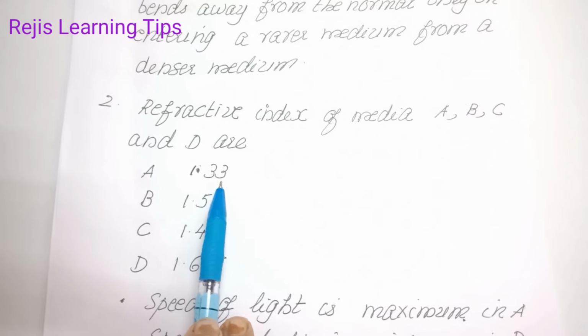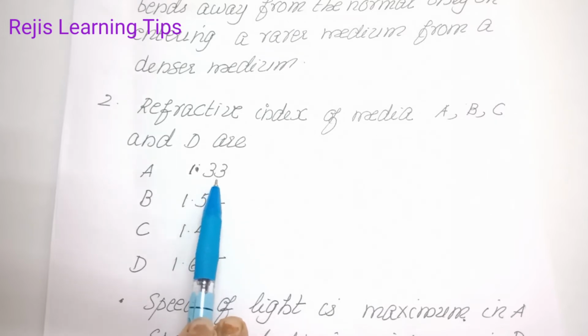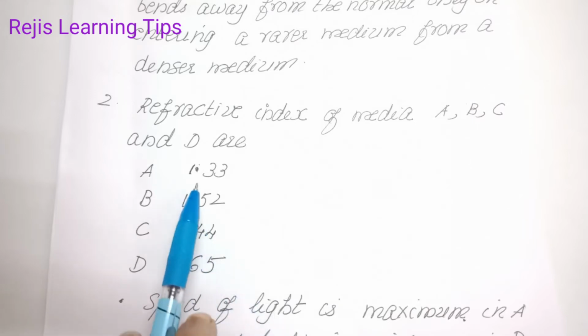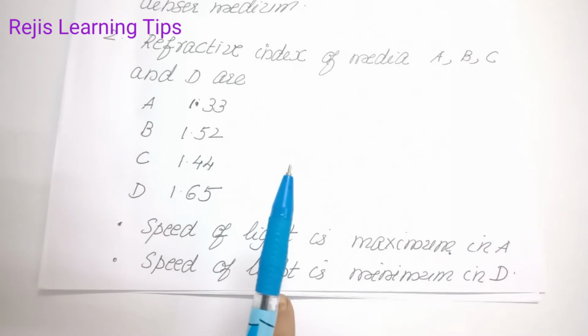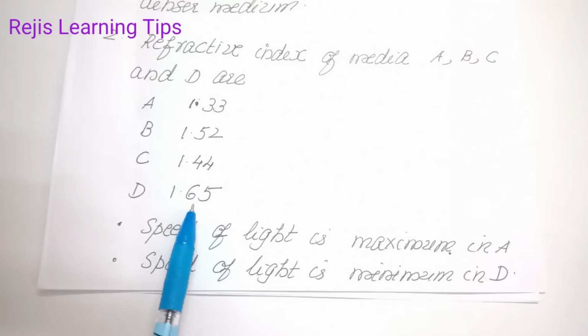In this case, speed of light is maximum in A because n is minimum in the case of A, since v is equal to c by n. n is minimum in A, that is 1.33, so speed of light is maximum in A. And the speed of light is minimum in D because n is maximum in the case of D, that is refractive index 1.65. So, speed of light is minimum in D.